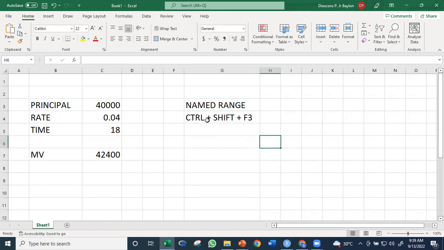Control Shift F3. Now in Mac, kindly check. I'm not sure, I think it's Command function F3. But if you highlight this, the names are on the left side, the values are here, and we would want to give these names to these particular cells, I highlight this and then Control Shift F3.